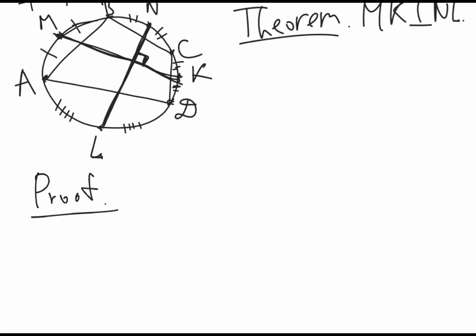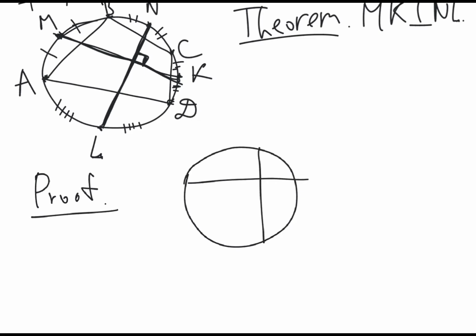So basically we use the theorem that the angle between two chords in a circle is equal to half of the sum of these two arcs, right?